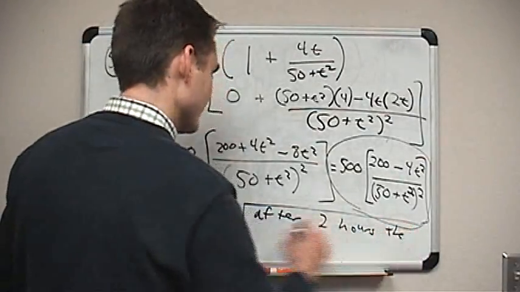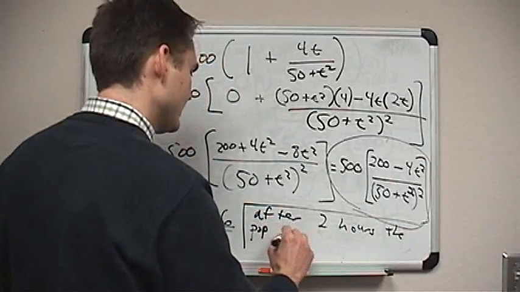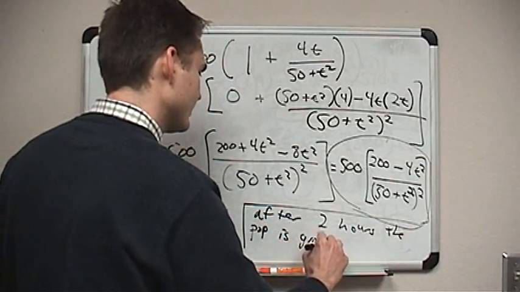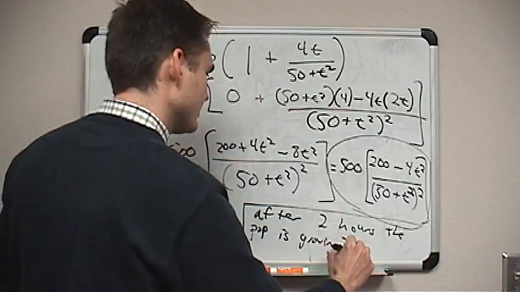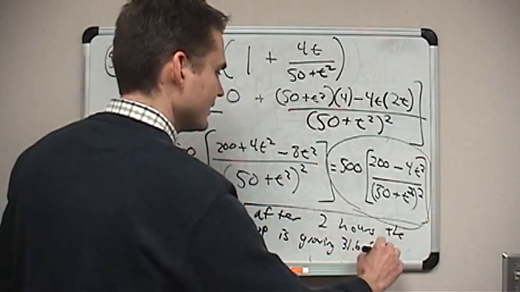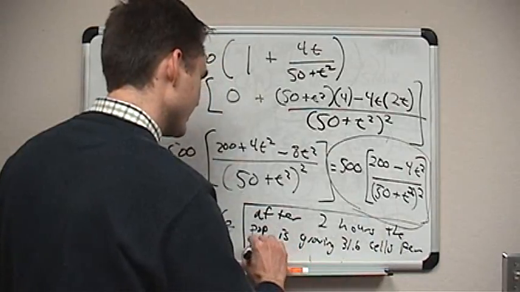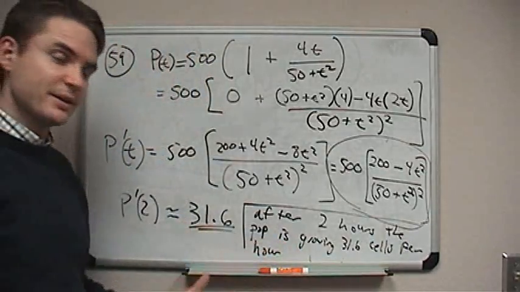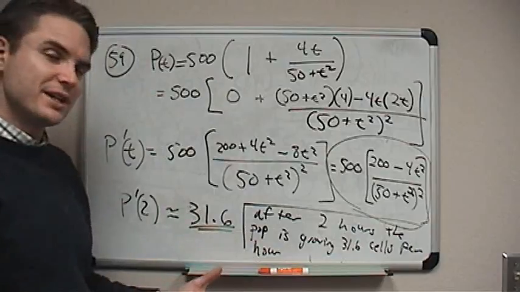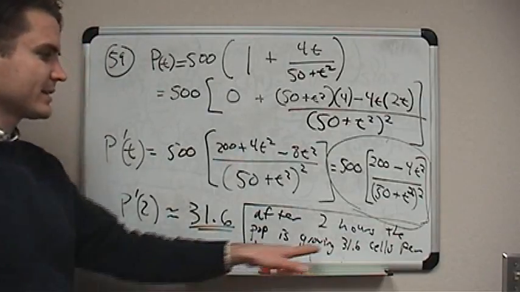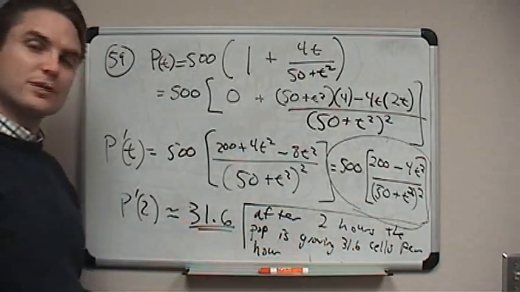We can say the population is growing 31.6 cells per hour. We're talking about bacteria, so that's the rate of change of the number of bacterial cells, and it's growing at this rate per hour because those are the units of t.